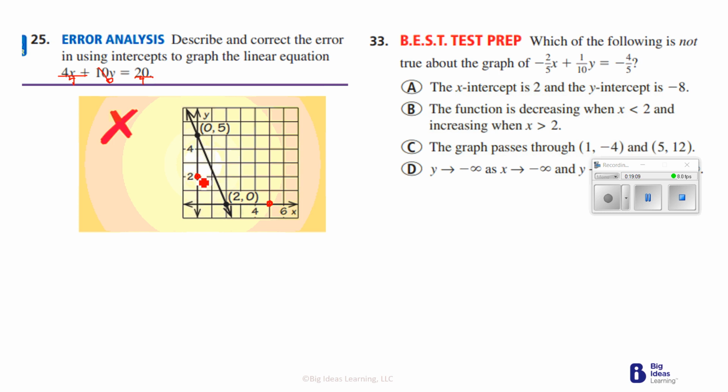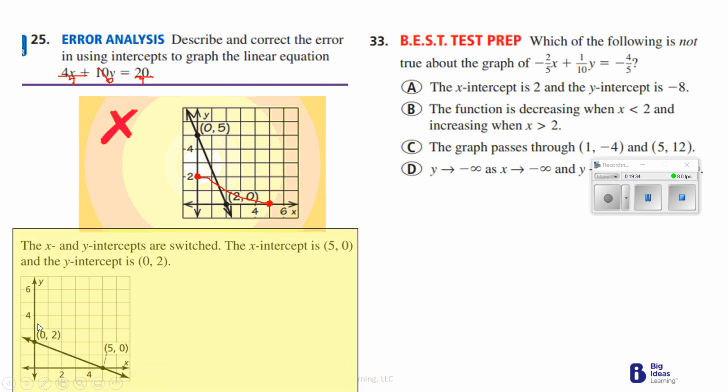This line really should go from here to here, okay? Sorry, I made that kind of messy. I'm going to erase that. Okay, and try this again. So from here to here. Might not be straight, but that's what we're talking about here. So, yes, the graph should cross through y at 2, x at 5.